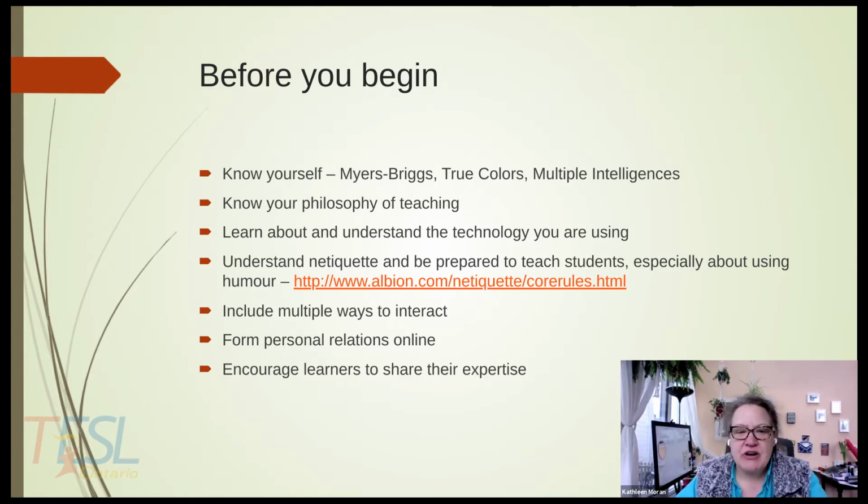Now, a lot of you have probably done a Myers-Briggs test or a True Colors test, or you've even done the multiple intelligences. But if you haven't, it's a good idea to go online and take a look and see what the different types of categories are, because understanding those can help you understand yourself and maybe your students a little bit better. So when I was teaching office admin students at Conestoga, a friend of mine who does True Colors had me run through one of the sessions and figure out what type of person I was.